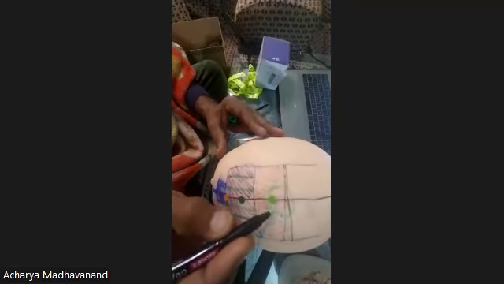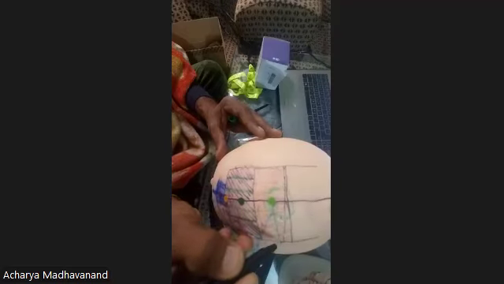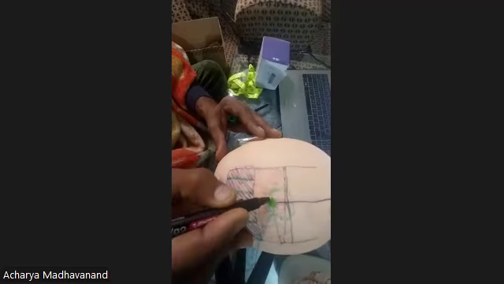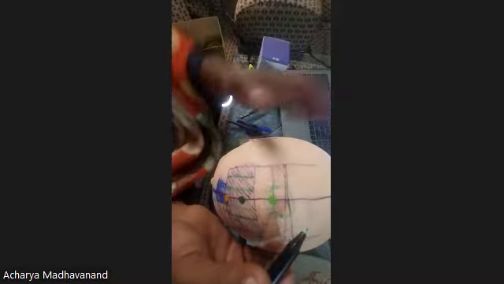So it is DU21 and the area starts from here. Okay. And goes one chun posteriorly. So it is one chun and it comes here.